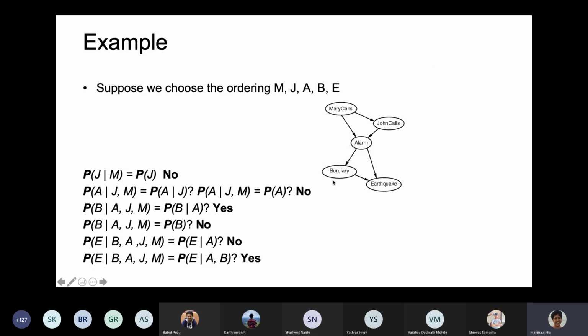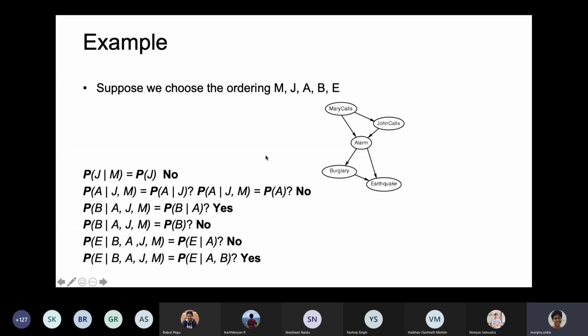Our network represents that if Mary calls and John calls and the alarm goes on, what is the probability of the burglary and the earthquake?